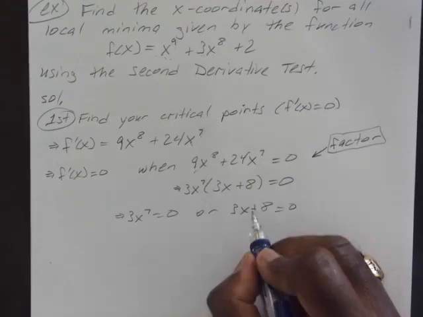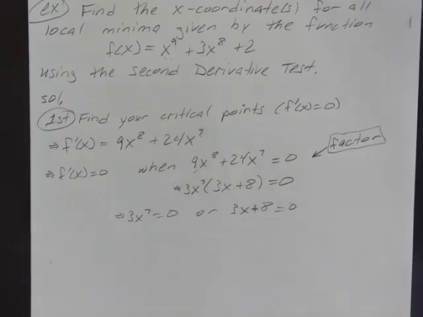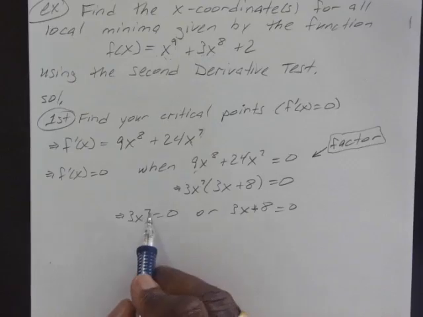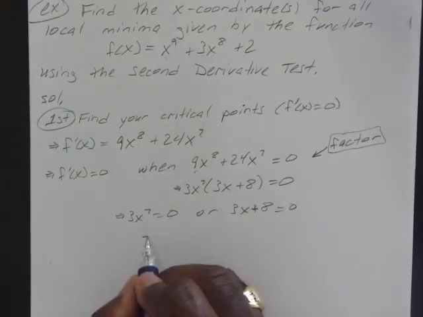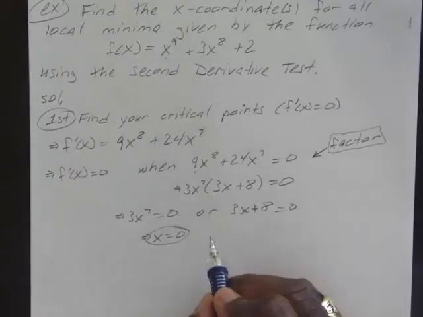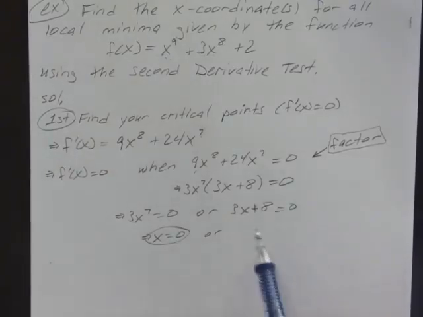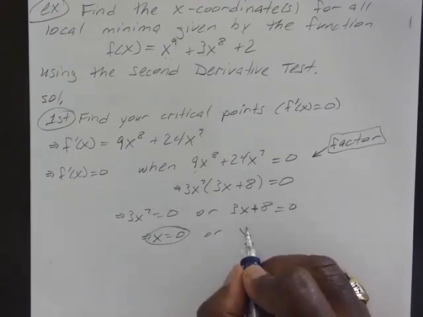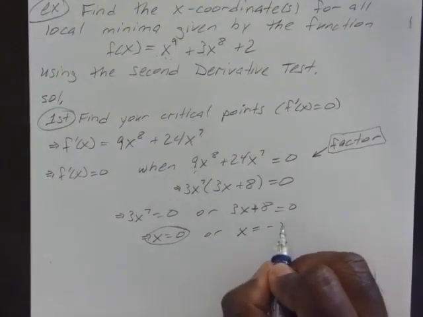Either one of those could make this true. So 3x to the 7th power is only equal to 0 when x is equal to 0. If we subtract 8 from both sides and divide by 3, we know that x can equal negative 8 over 3.